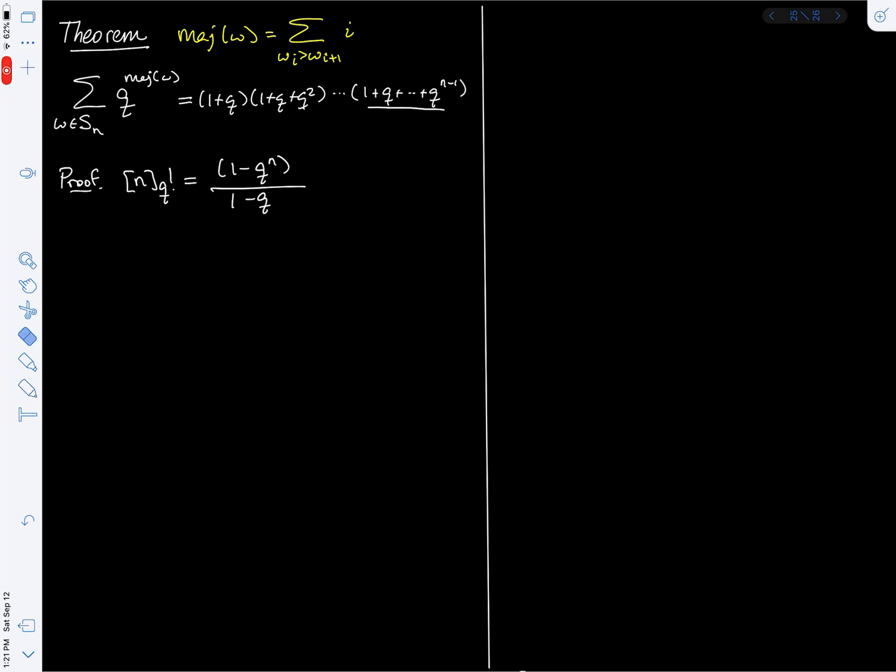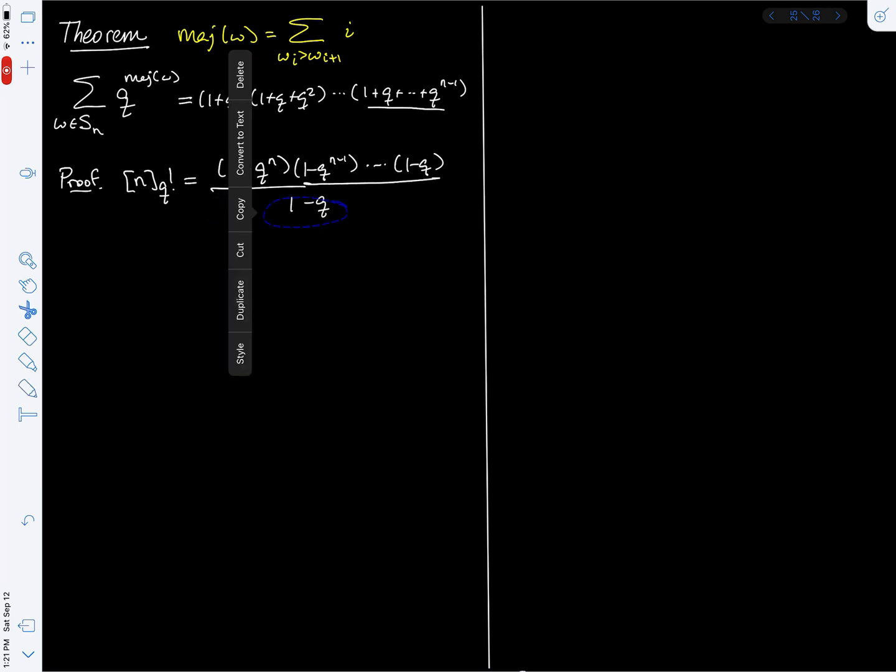If we change this to n factorial, the numerator has 1 minus q to the n, 1 minus q to the n minus 1, all the way down to 1 minus q, and on the denominator, what do we get? Well, we get 1 minus q, n times. Okay, so that's another way to write the right-hand side of this expression of MacMahon's.